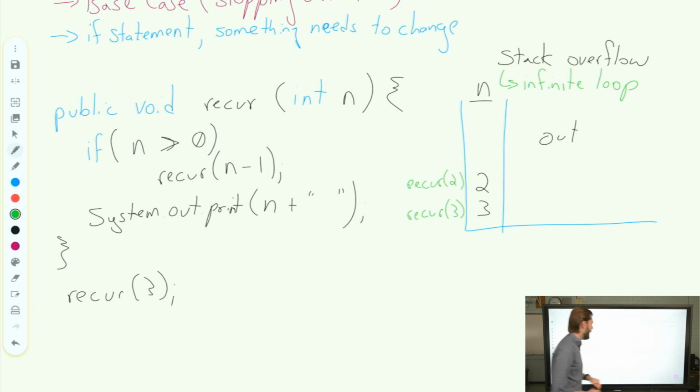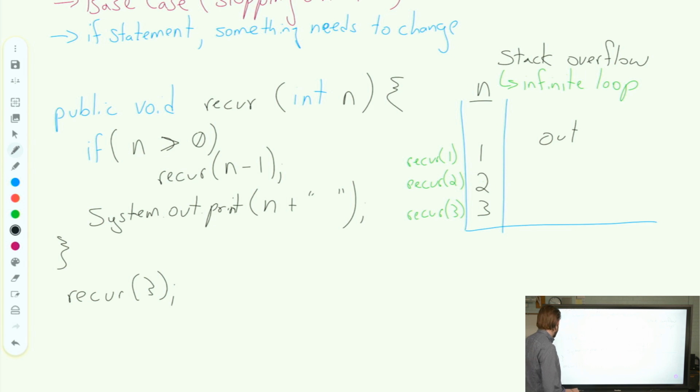Okay, so now we check our n of 2. Is 2 bigger than 0? Yes, I make a new recur call of 1. I pass in 1, n now is 1, so I have another n of 1. Is 1 greater than 0?